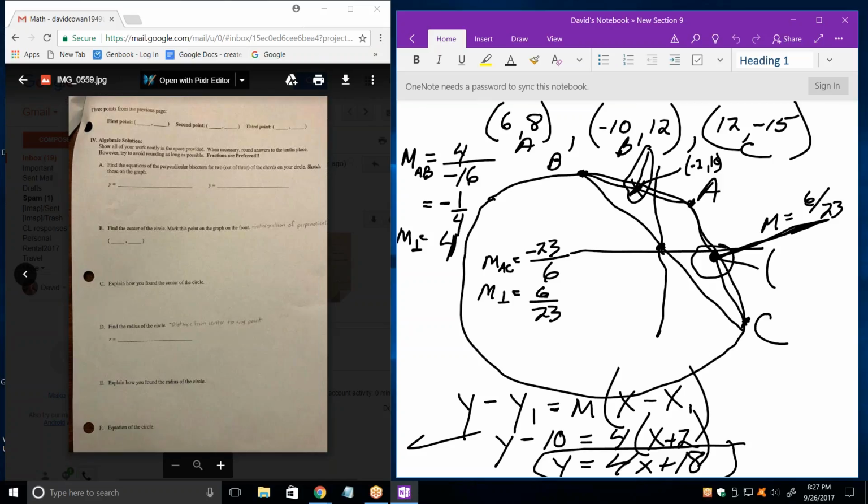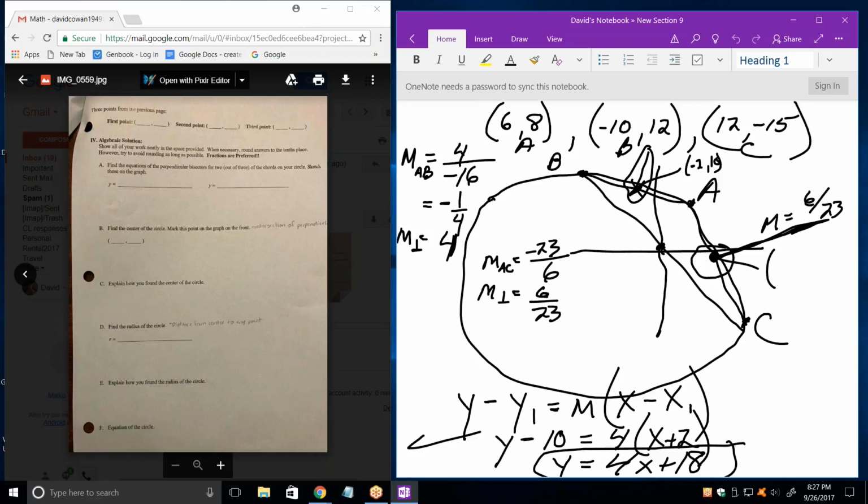It's really easy, because it's halfway between the x coordinates, and the y coordinate is halfway between the y coordinates. Just figure out the halfway point between 6 and 12, by adding them together and dividing by 2.